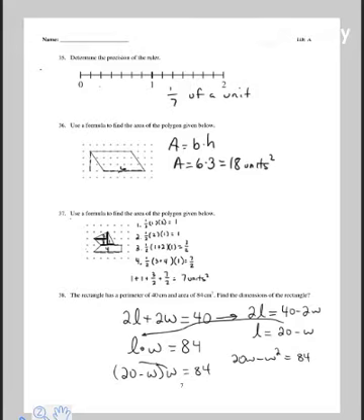If you move all the terms to the right side so you can have one side equal to 0, that's the way you solve a quadratic equation that you learned back in 1050, is to get one side equal to 0. So 0 equals W squared minus 20W plus 84.